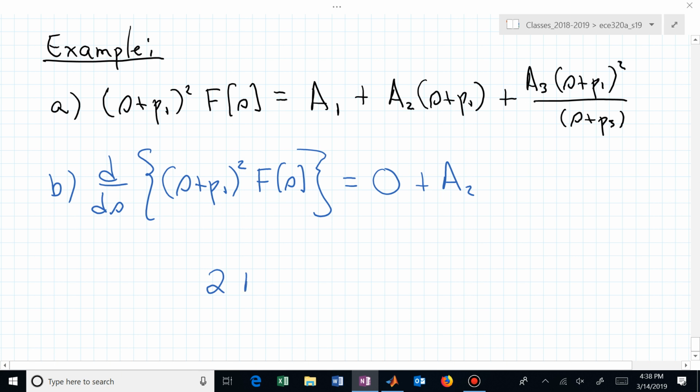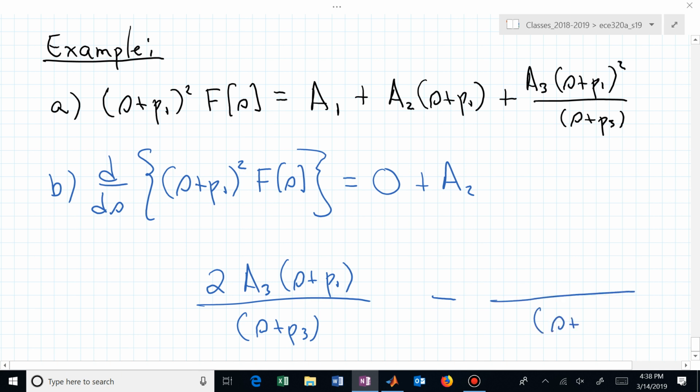So I now have 2 A sub 3 (s plus p1), and then I differentiate what was in s plus p1 with respect to s, which is derivative of s, and that's 1, all over the denominator, s plus p sub 3, plus, or really it'll be minus, because I'm doing the denominator, and that will raise that to one higher power. And I have A sub 3 (s plus p1) squared.